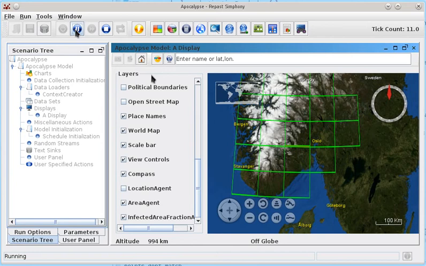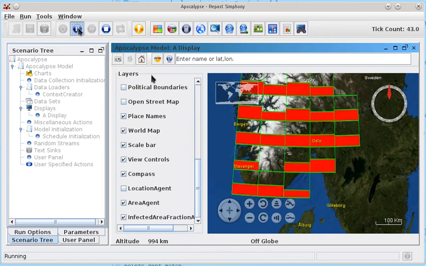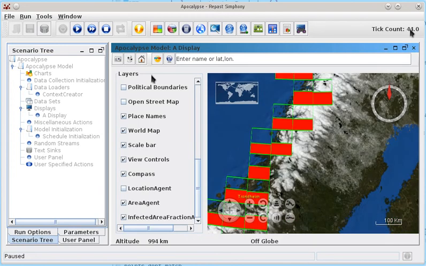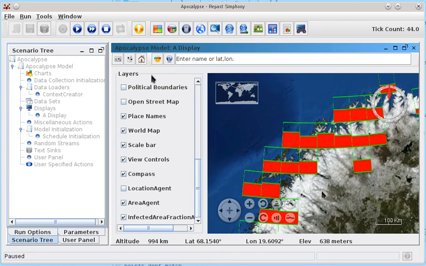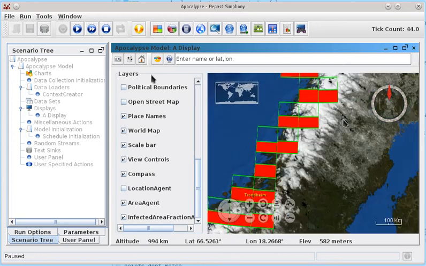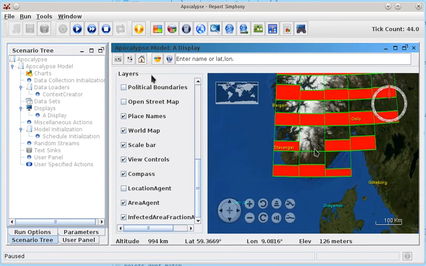Now we can see that about 44 ticks, which map to days in my model, the disease had spread to almost all of the country.